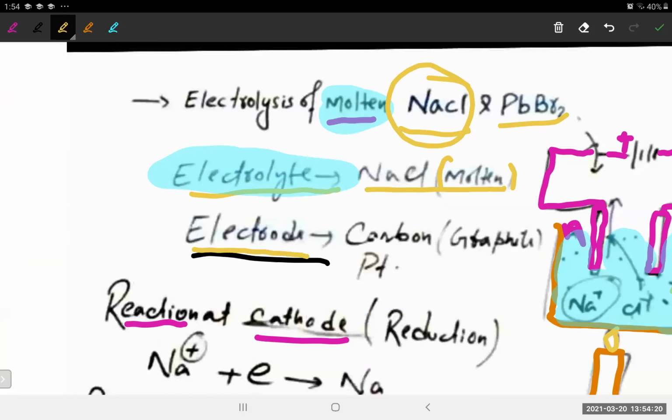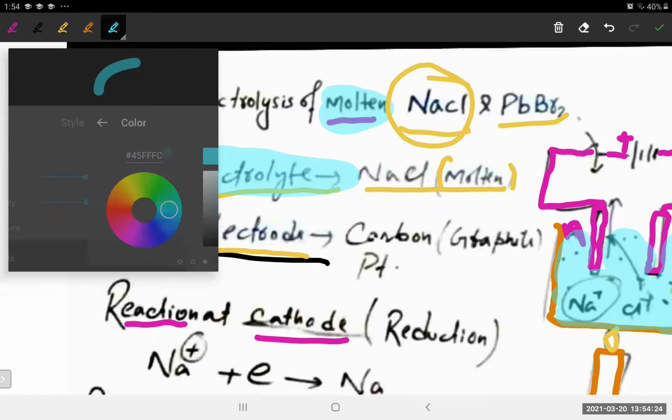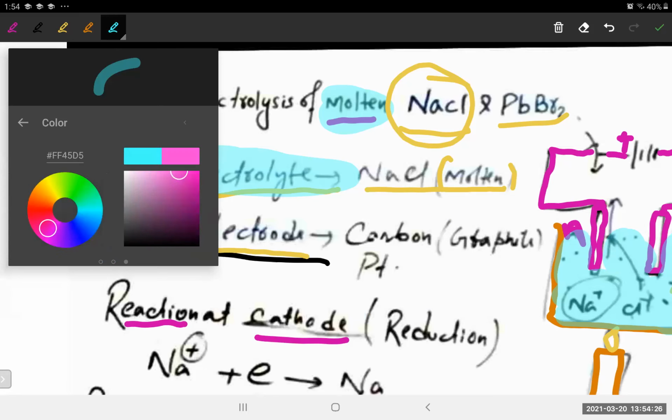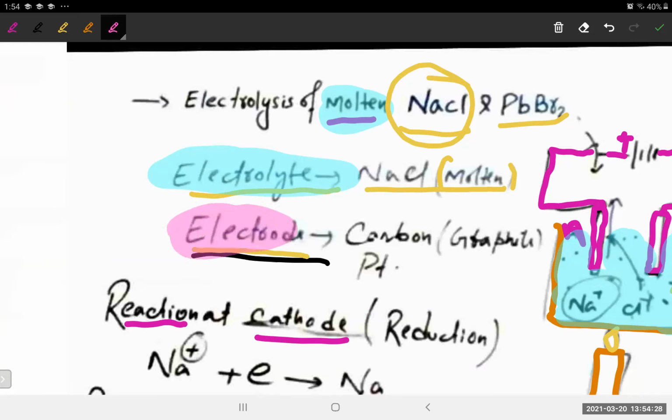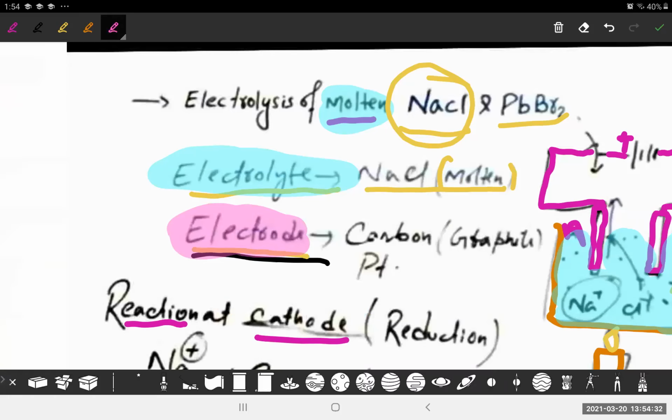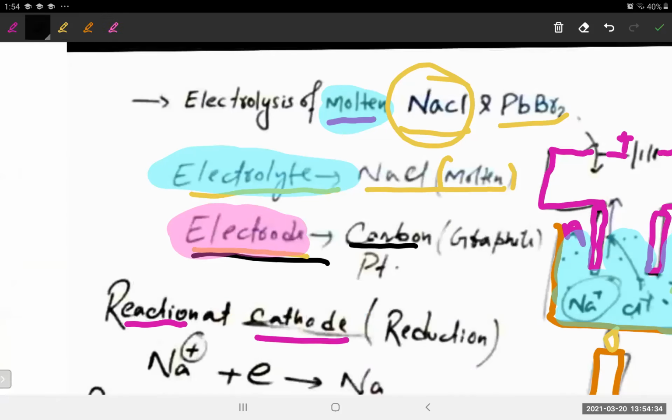Then the electrode. What is the electrode? The electrodes are the two rods which are there, the cathode and the anode. So what are the two electrodes which you have used? You have used a carbon or a platinum electrode. These two are commonly used. You can write both of them. Both of them will show the same thing.